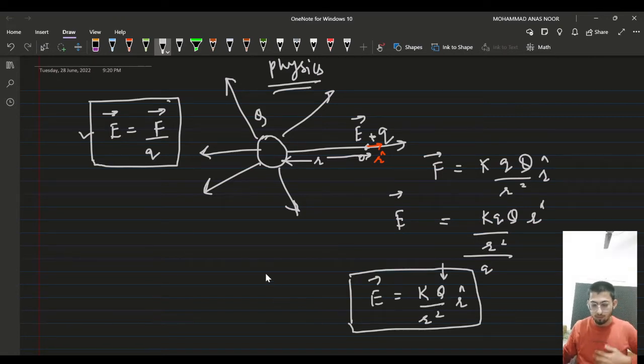The charge which is generating the electric field, or the charge due to which we want to find the electric field, would be here, right? Not the other one, that is, where we want to find the electric field. That charge won't be in this equation, right? The small q is not there, right?